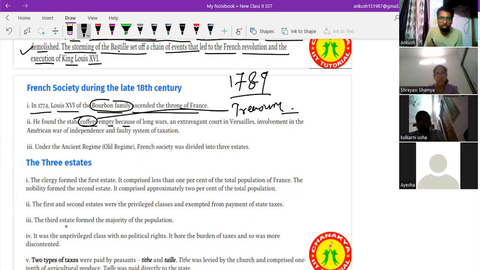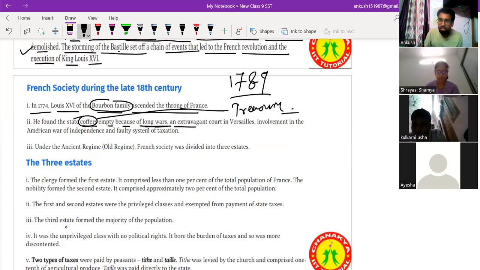When he became the king or monarch, the state had no money, the treasury was totally empty. Whenever we refer to the treasury of the royal family or royal personality, it is called coffers. Due to some wars, that treasury was totally empty.